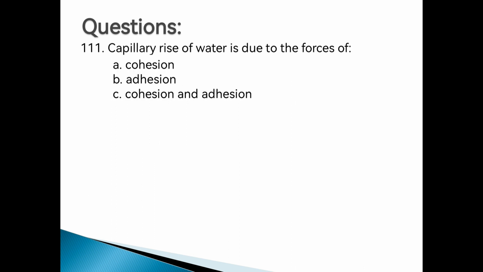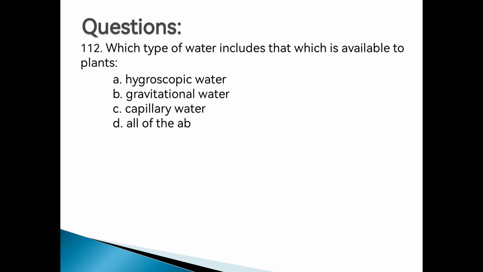Question 111. Capillary rise of water is due to the forces of A. cohesion, B. adhesion, C. cohesion and adhesion. The correct answer is C. cohesion and adhesion. 112. Which type of water includes that which is available to plants?